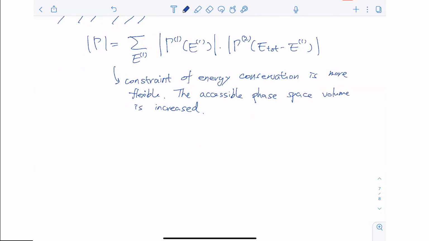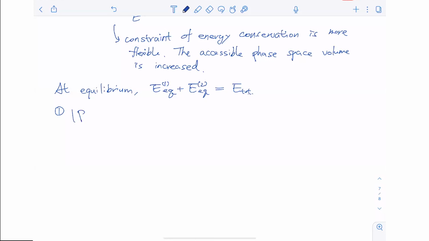But we should ask a question: at equilibrium, what happens? The energy of system 1 will reach the E1 equilibrium value, and the energy of system 2 will reach the E2 equilibrium value, but the total energy should be E total.